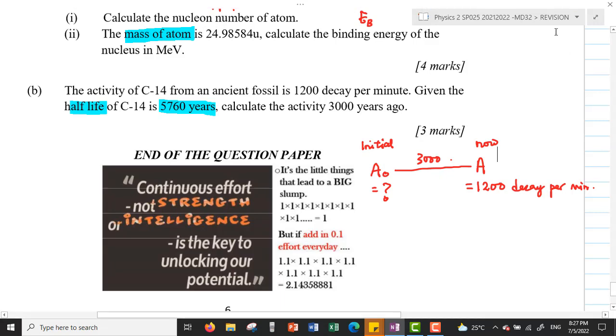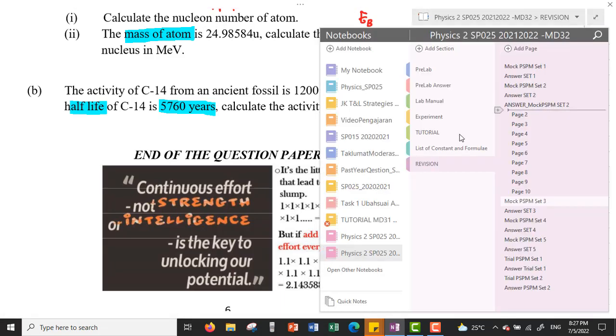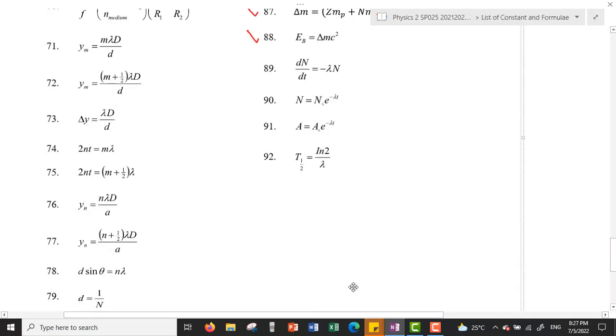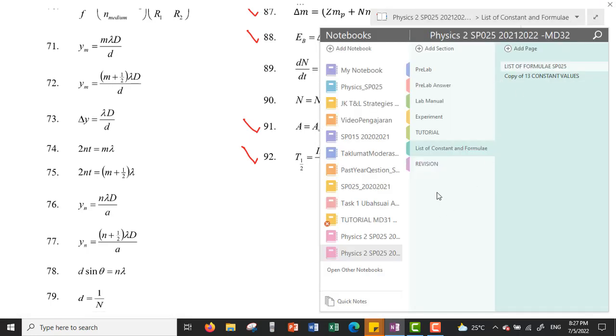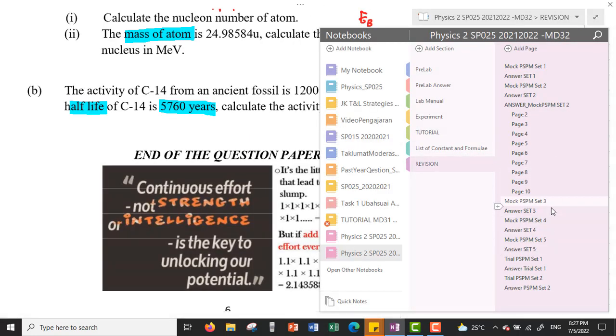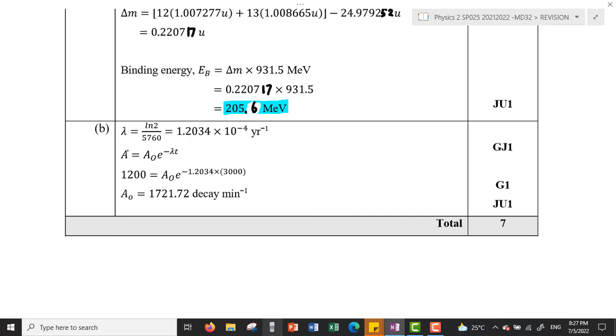So if we want to solve the questions, if we refer to the list of equations, we are going to use equation 91 and also equation 92 lah, because from the half-life we can determine the decay constant, then this decay constant will be used in the decay law equation. A is A naught e to the power of negative lambda t. Okay, so first kita akan cari dulu the decay constant.